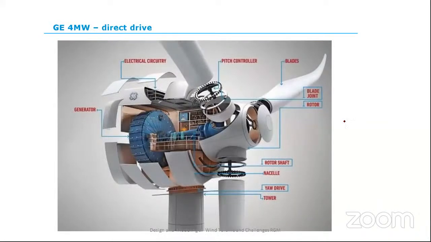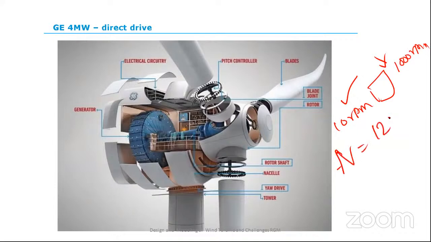The rotor rotates at 10 RPM, but my generators need 1000 RPM. In between, I need the gearbox to step up the speed from 10 RPM to 1000 RPM. If there is no gearbox, what will happen? Now we have the formula: N, the speed, is equal to 120 f by P.